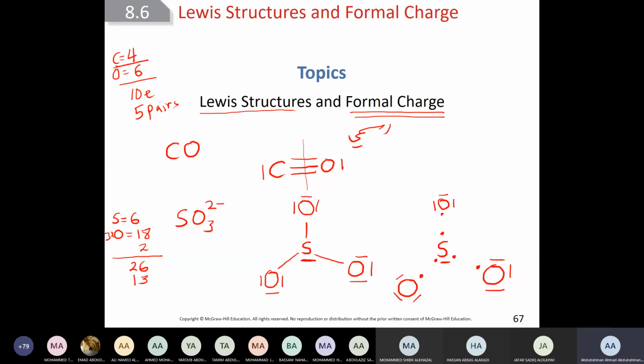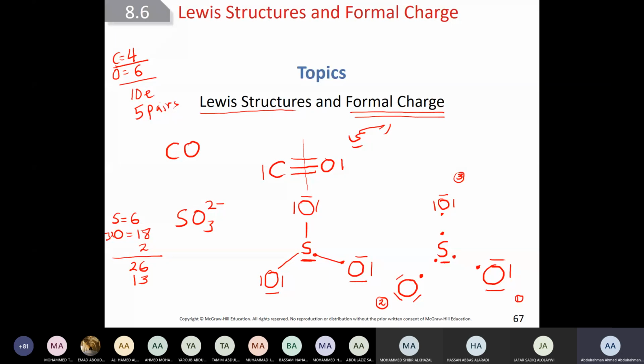Okay, good. Now, are you following what I'm doing? As I said, the bonds, which is this one, I made it as electrons. Now, let's take this electron. I will call this one oxygen 1, oxygen 2, oxygen 3, and the sulfur.